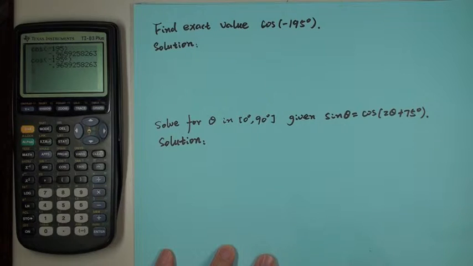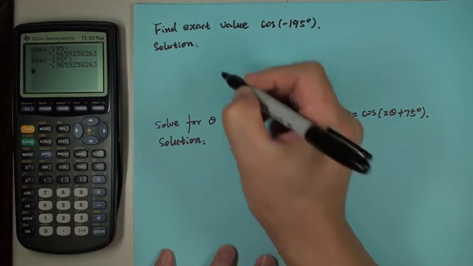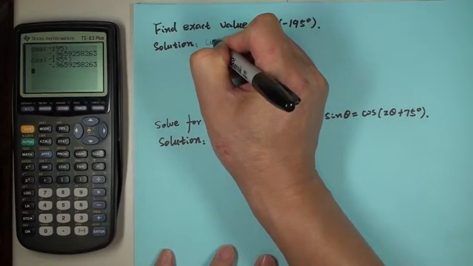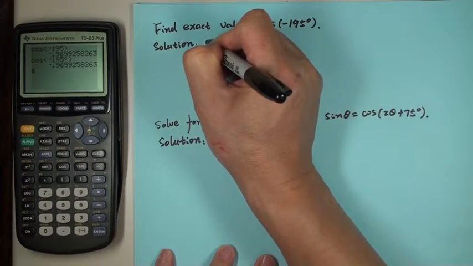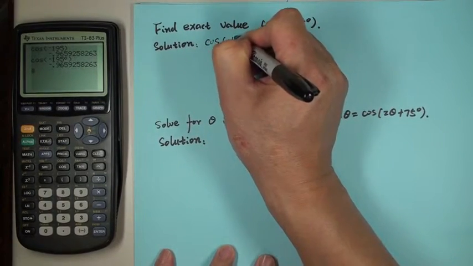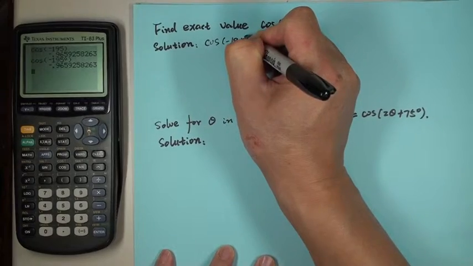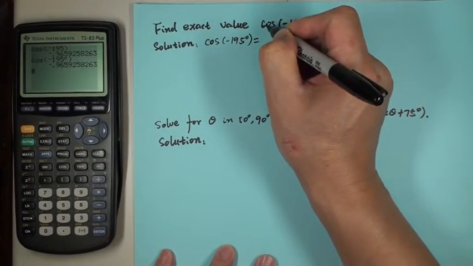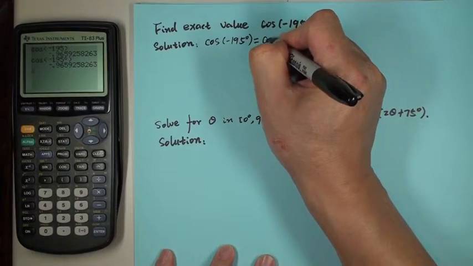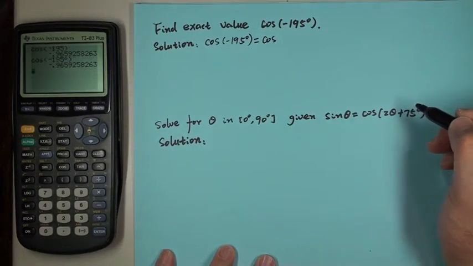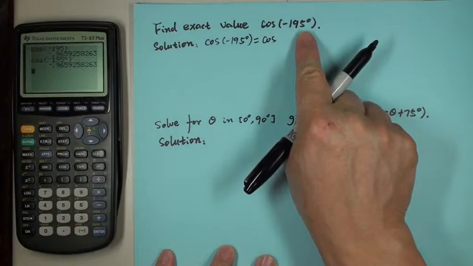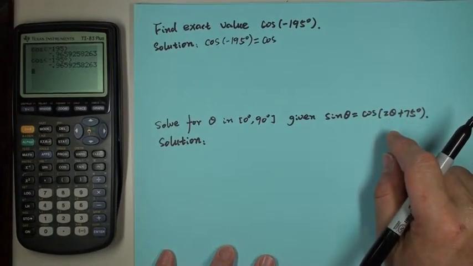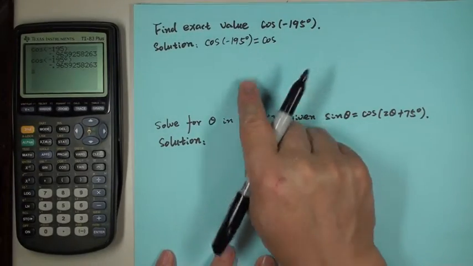For the exact value, you first want to do cosine negative 195 degrees. You don't like negative, so you want to do it in two ways. You can solve this problem in many different ways, but here is my approach.